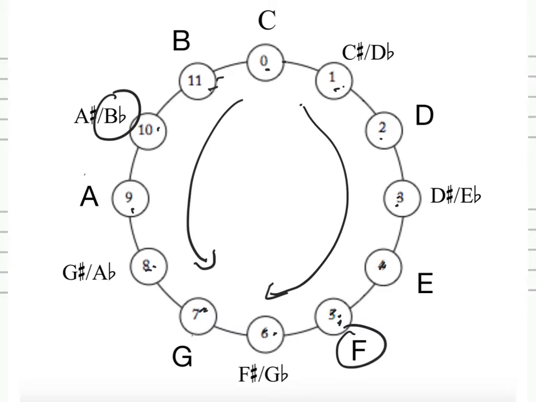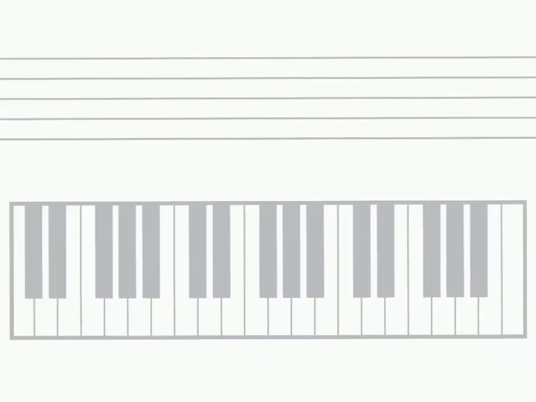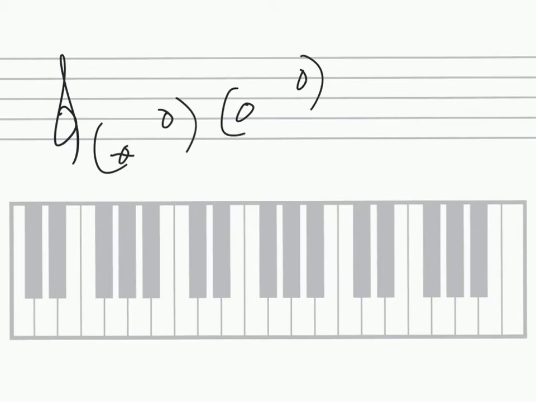You get the idea on the clock. Let's look at it on the keyboard and on the staff. So on the staff, here's C to G, here's A to D, and here's B flat to F, and we'll look at each of these.